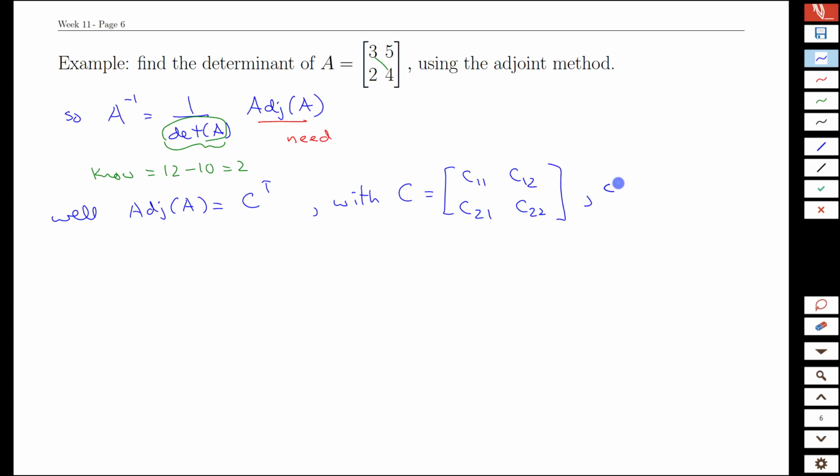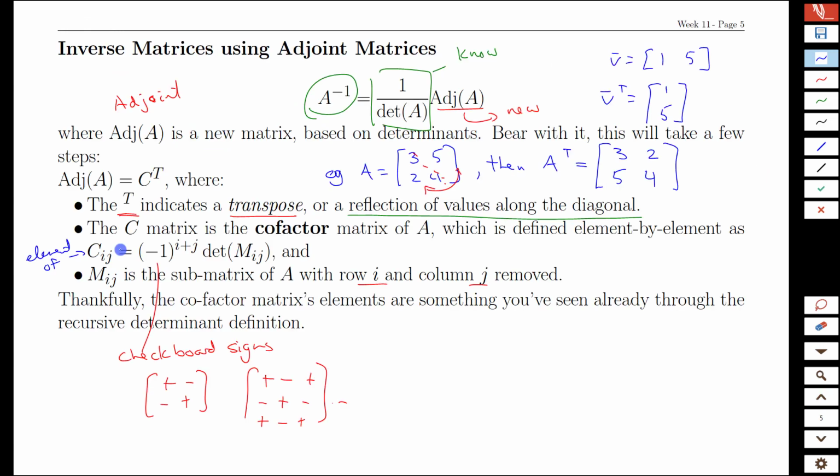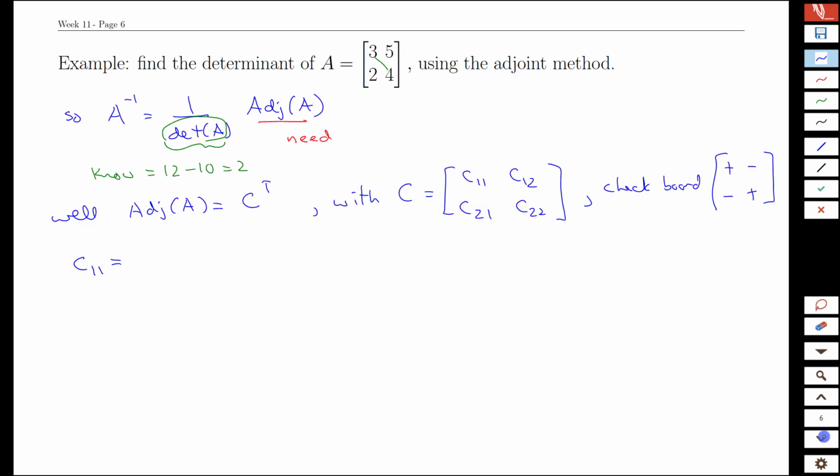And we also have our checkerboard, which is our positive, negative, negative, positive, like so. So C11 is equal to, go back to here, C11 is our sign for the i plus j. Well, it's going to be a positive sign according to our checkerboard, or subbing in i and j here. And then the determinant of the matrix by eliminating the 1, 1 cell. So let's put the positive in here first.